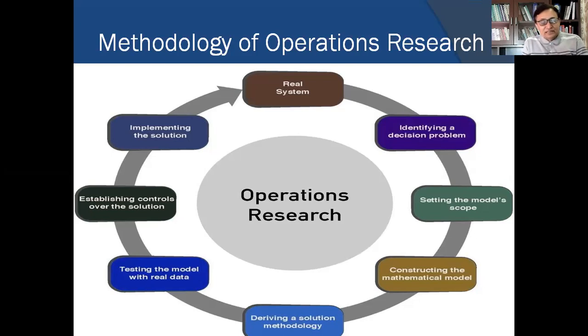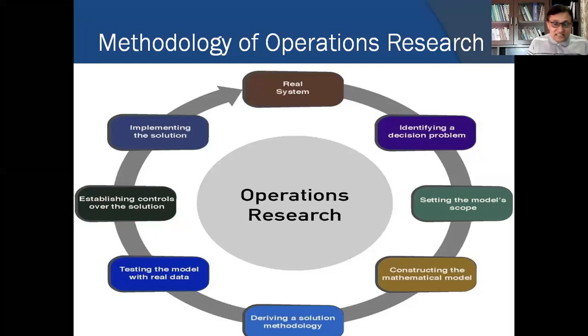Then we have to construct the mathematical model according to the available information. For example, if you are going to solve the problem with the help of linear programming, first of all you have to define the objective function, then the constraints, then the non-negativity conditions or the conditions imposed under the particular model.